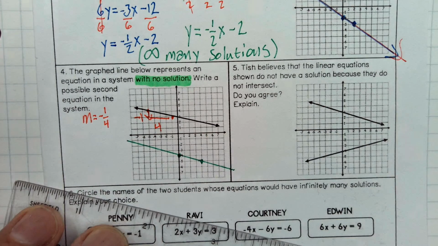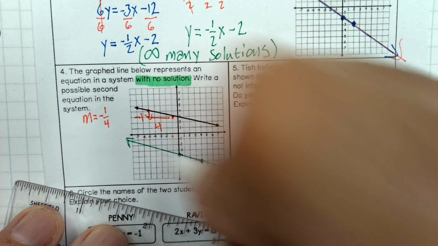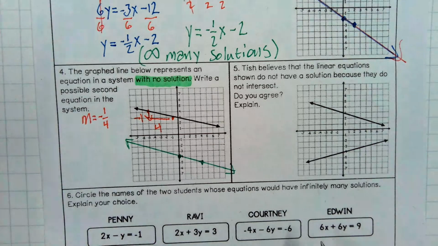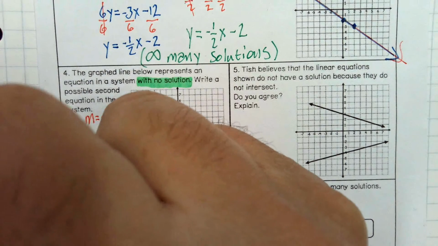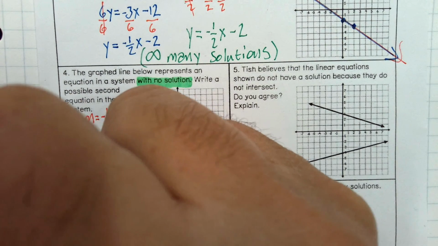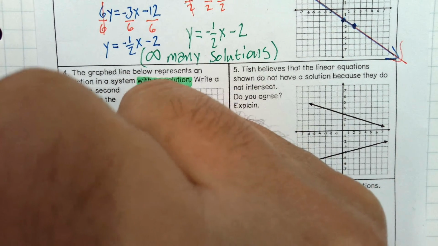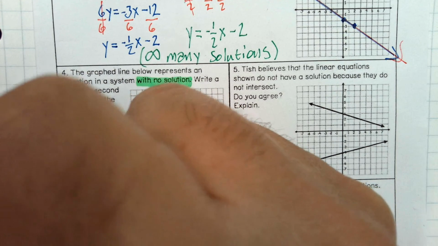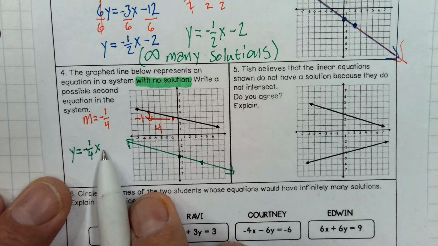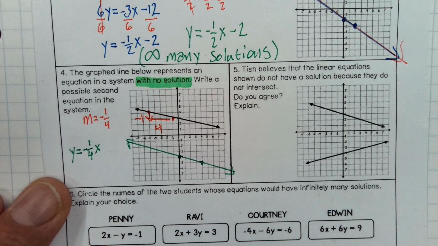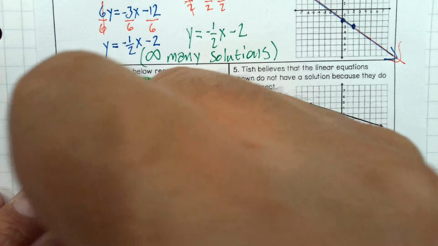I'm looking for the two lines to be parallel. Fortunately, it looks like they are. And I'm going to write the equation for that line. So this is going to be y equals, in my case, -1/4 x. And then what am I going to put after that for my particular line? -4.